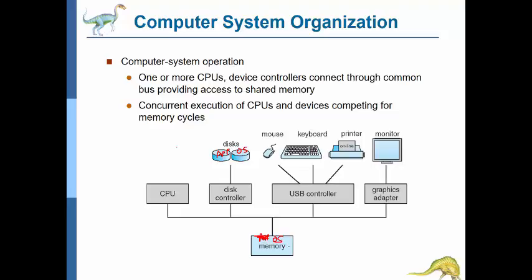Once the operating system is loaded and controlled by the CPU, the code is stored here in memory. So the operating system is loaded. Once it is loaded, any application can be successfully loaded and executed.